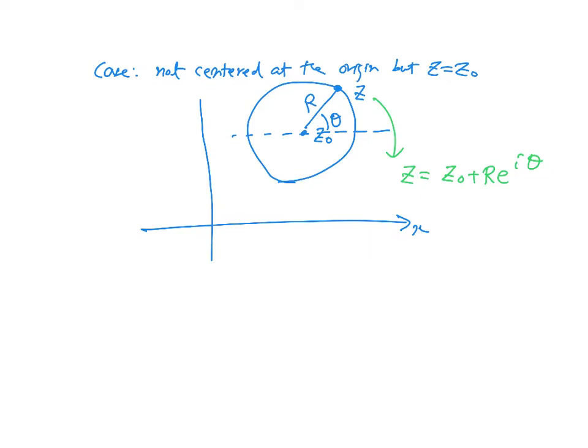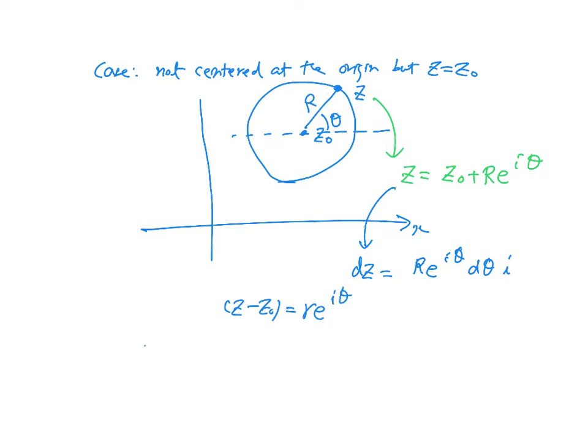So from this, dz will be simply r exponential I theta, d theta I, and z minus z naught is r exponential I theta.